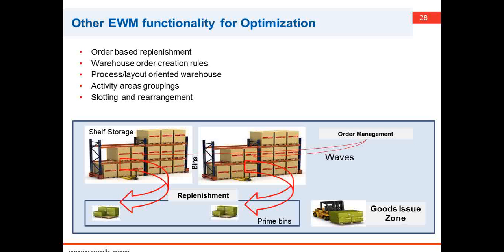So the flexibility is not just in shipping for the waves. I have the way that we want to store the inventory, how we want our bins set up, and how we're going to process through extended warehouse management.